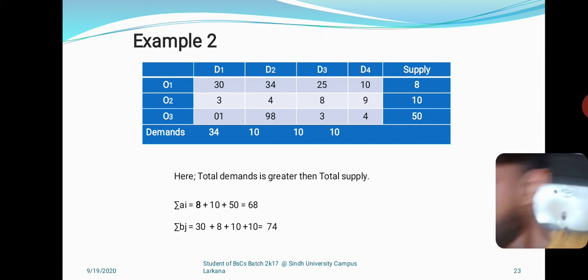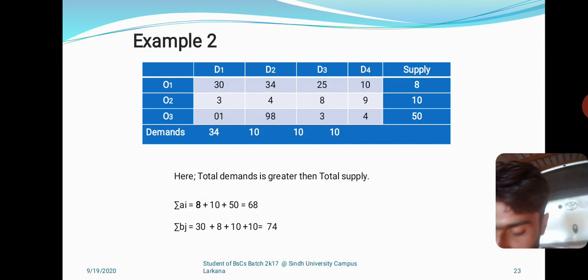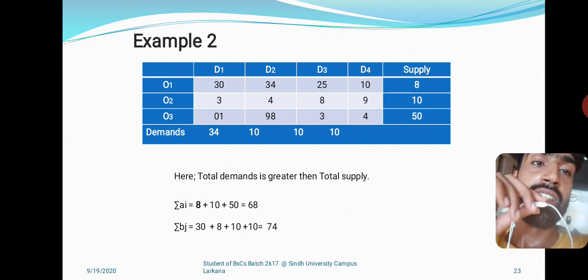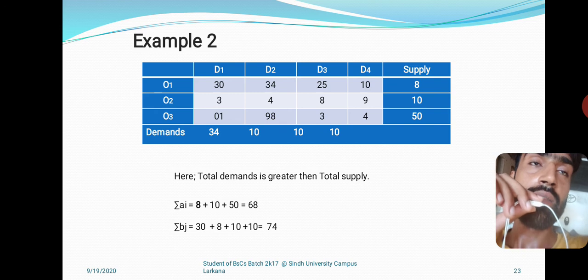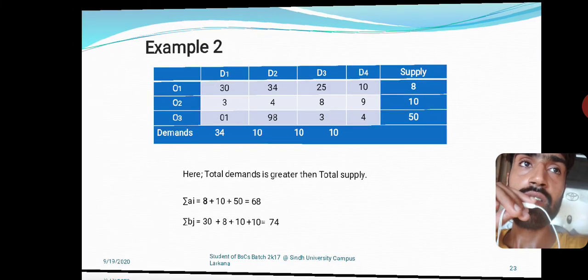Here the total demand is greater than the total supply. Sum of Ai is 8 plus 10 plus 50 equals 68. Sum of Bj is 30 plus 8 plus 8 plus 10 equals 74.